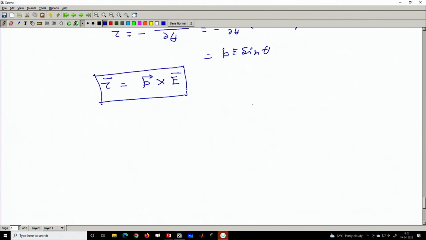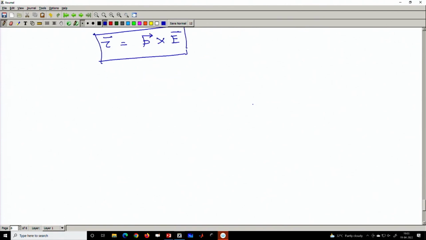Also, we calculated the potential last class, and then we tried to find the electric field out of that. That was the homework, if you remember. In many books it is written in terms of polar coordinates. We can also calculate this in polar coordinates, but in this gradient form.